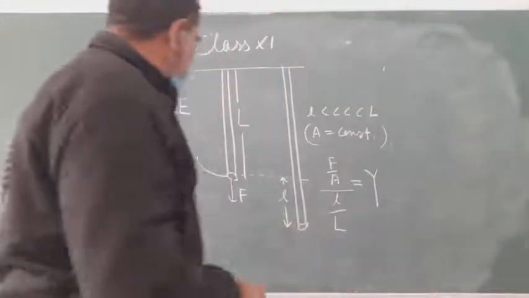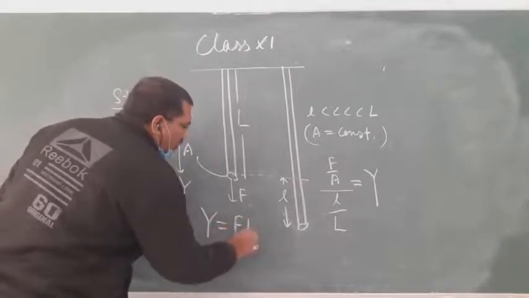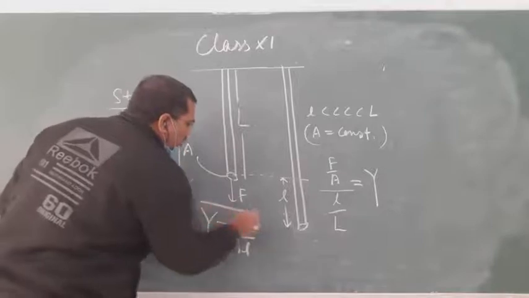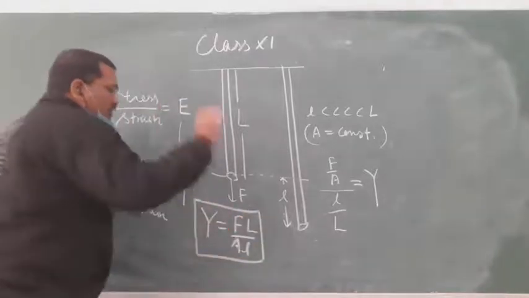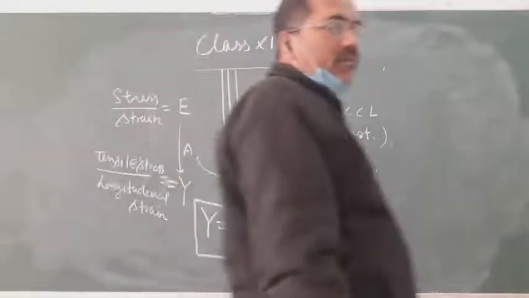So Y equal to FL upon Al. This is the formula for Young's modulus of elasticity. So write it down in proper manner.